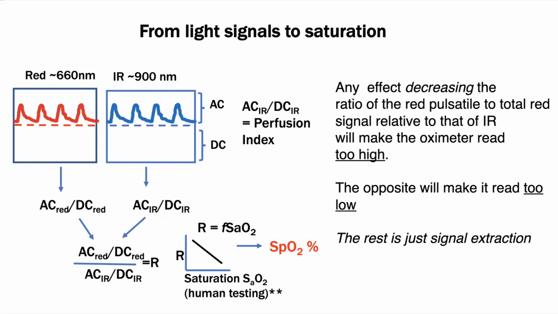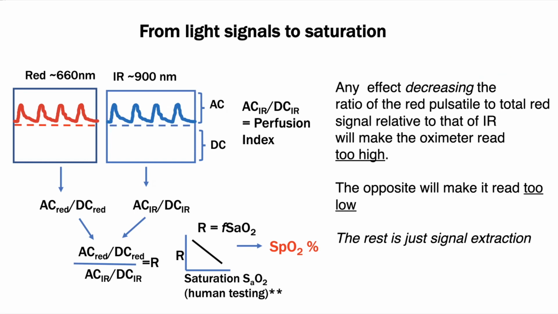Takuya Aoyagi's innovation of using light signals to derive an index of blood saturation was truly innovative. And what he realized was that red and infrared light, when shined through a finger and detected by a photodetector of some sort, was pulsatile. And it was pulsatile in a manner that varied with the oxygen saturation of the blood.